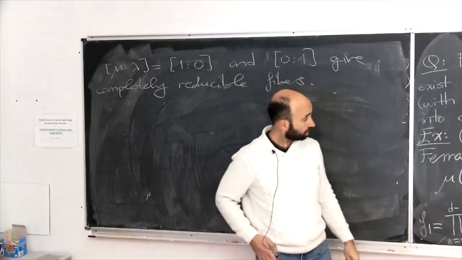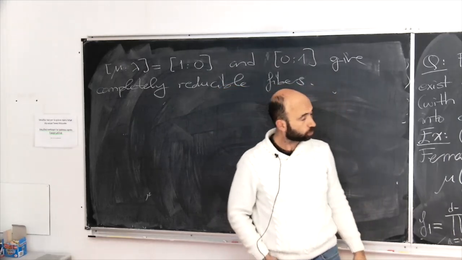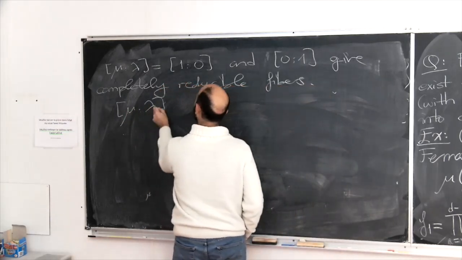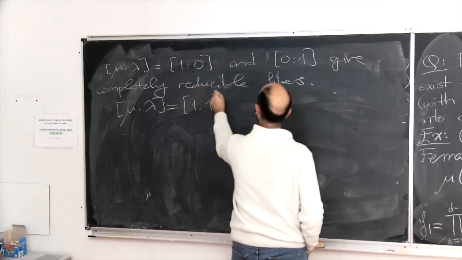So if you set mu equals lambda equals 1, (1, 1) gives another.